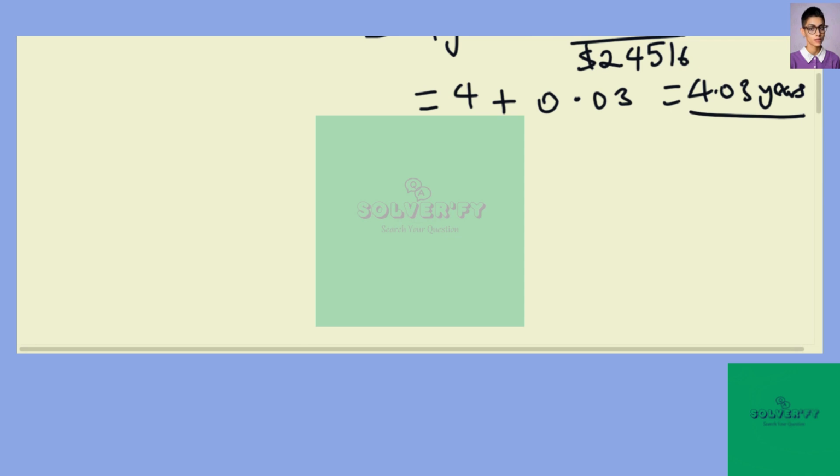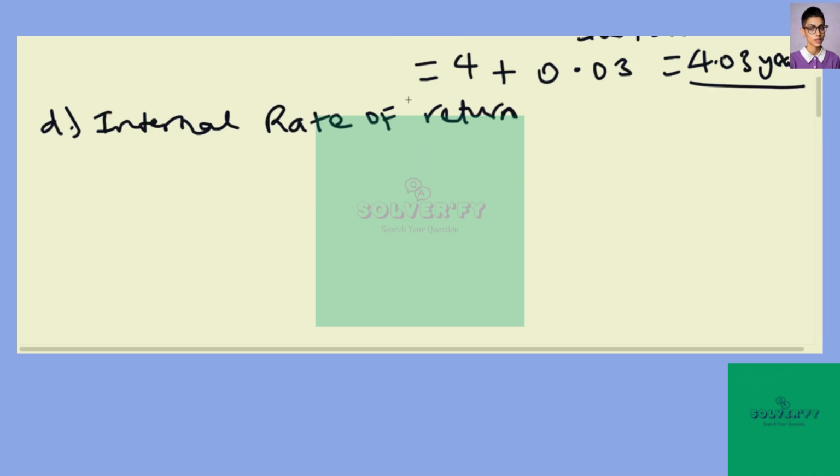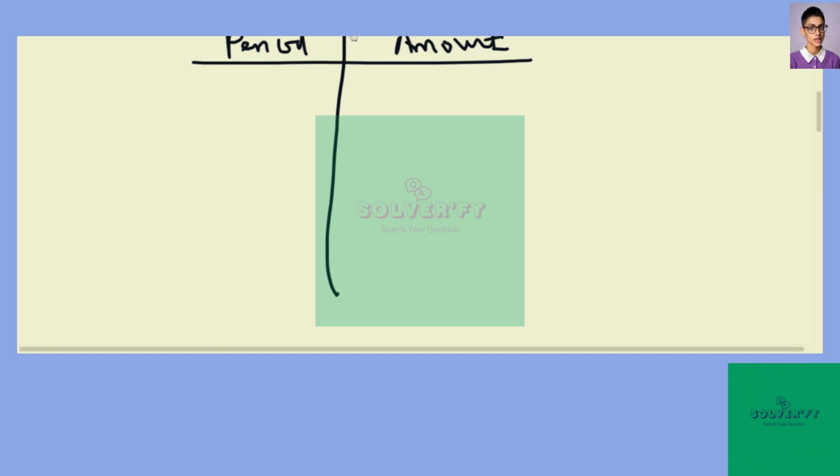Now the next question is the internal rate of return, or IRR. For this, we're going to have the period and the amount. We have periods 0 to 5.